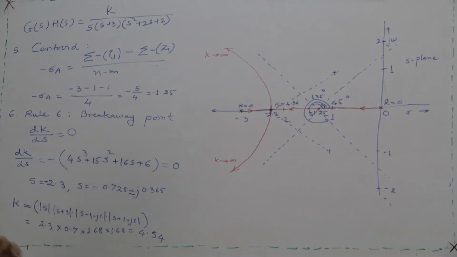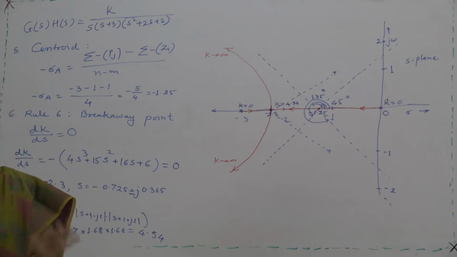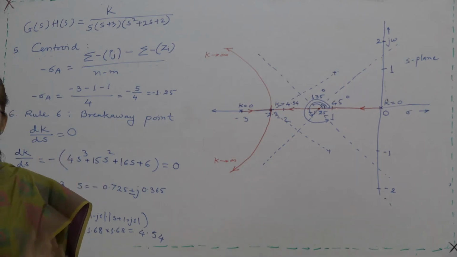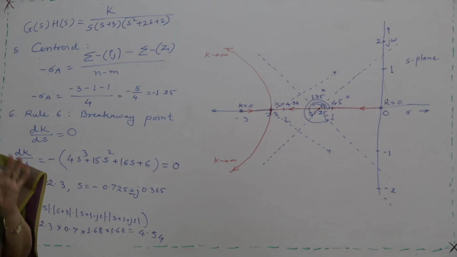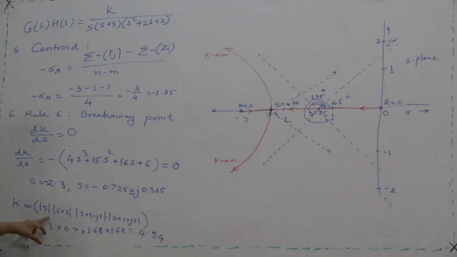When k increases, it will leave this real axis, go in this direction, and go towards infinity. Similarly, here when k is more than 4.54, it will follow this branch and go towards infinity. So, as k varies from 0 to infinity, we can draw it in this way.